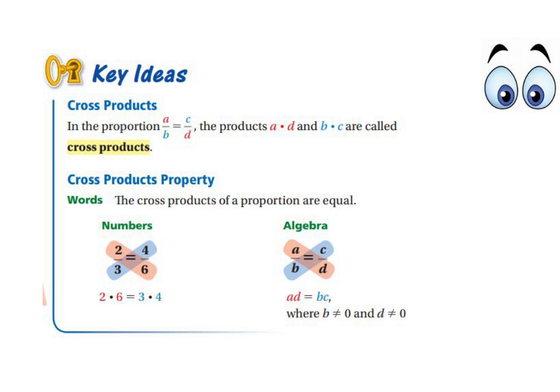Cross products. In the proportion A over B equals C over D, the products A times D and the products B times C are called cross products. The cross products of a proportion are always going to be equal.